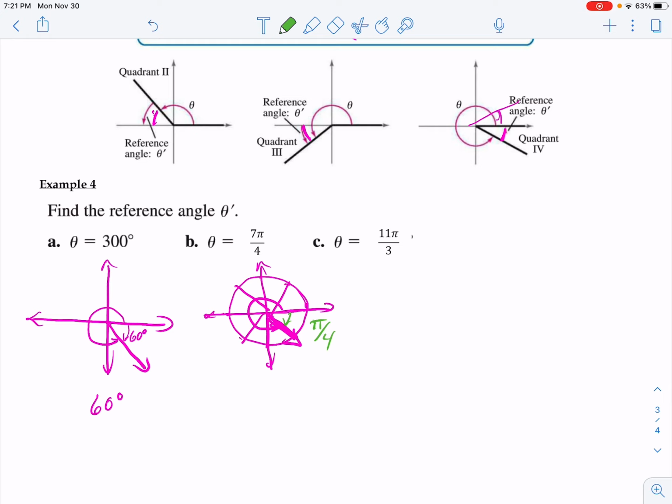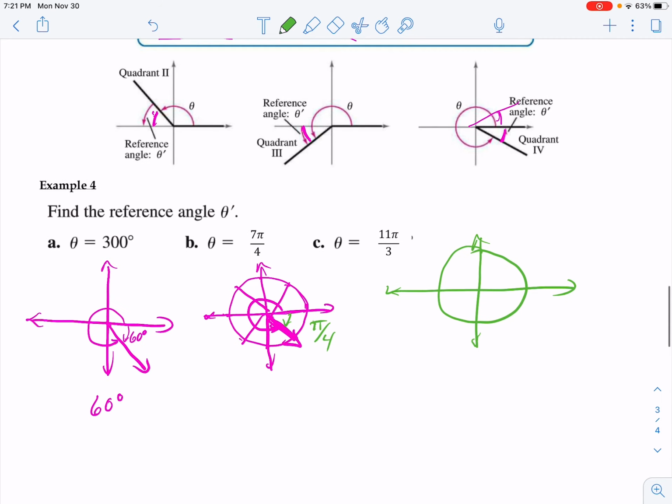11 pi over 3. Well, let's see. You're talking in thirds. How many are all the way around the circle? It is 6 pi over 3, correct? So if I went all the way around the circle, that's 1/3, 2/3, 3/3, 4/3, 5/3, 6/3, 7/3, 8/3, 9/3, 10/3, 11/3. Here I am.